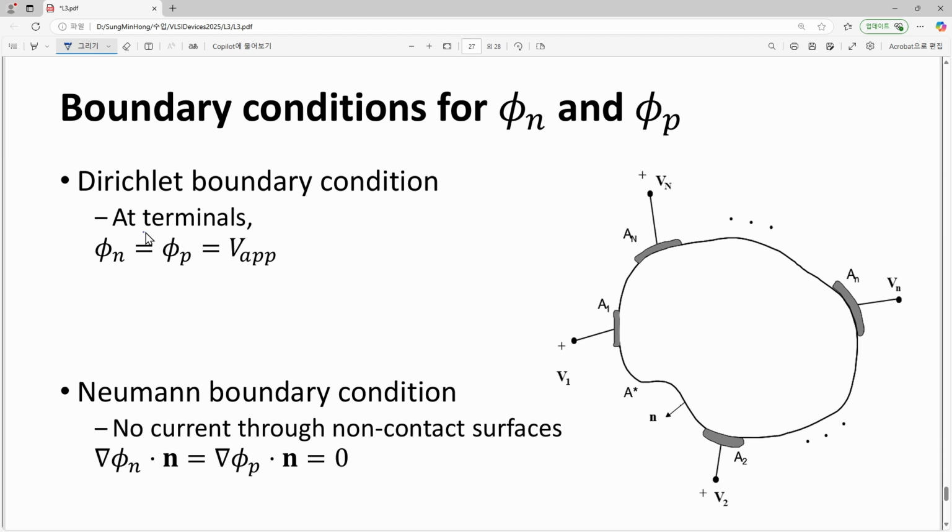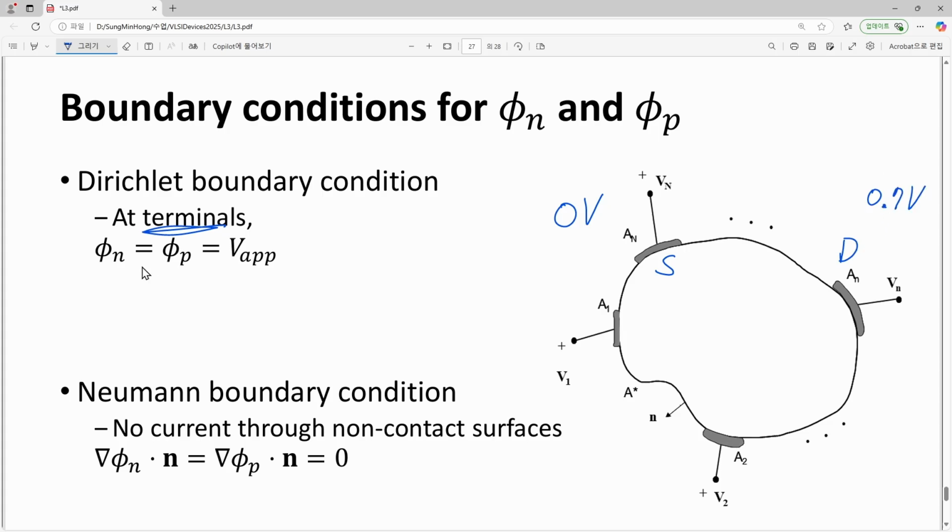So at terminals, here terminals means source, drain, gate or something. So say that this is a source and this is a drain, and you apply just 0 volt to your source and 0.7 volt for your drain terminal.